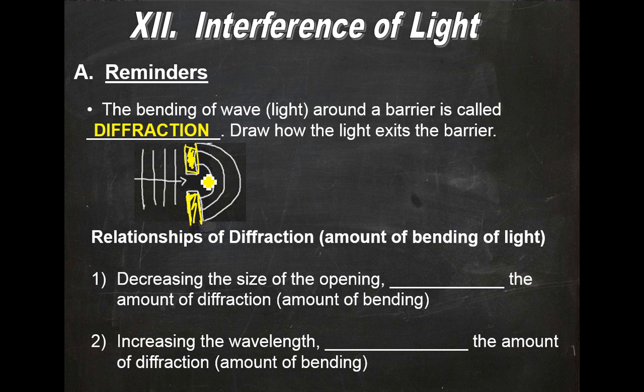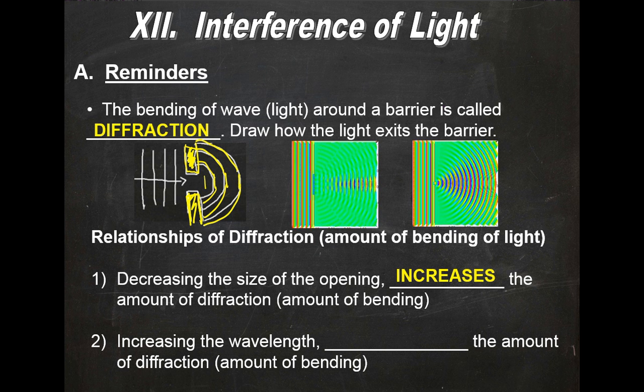When it goes through, it doesn't just pass through right there, it actually bends around and fills up the whole right side, on the other side of this barrier. Now, a couple of relationships with diffraction, or the amount of bending of light. If you decrease the size of this opening, making it smaller, that causes an increase in the amount of diffraction, or the amount of bending.